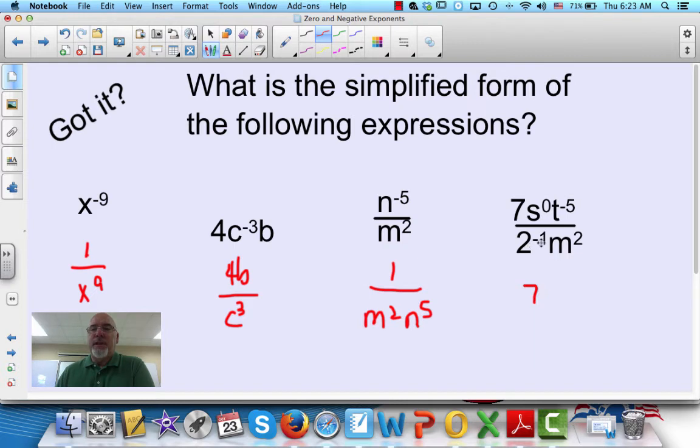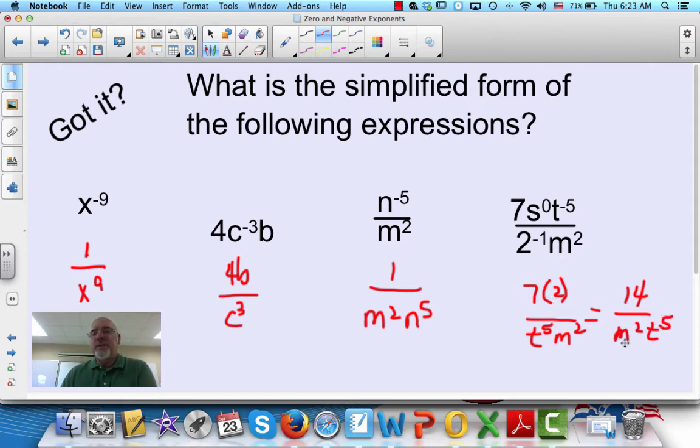The 2 to the negative 1 goes to the top, so it goes up here. Then on the bottom, you're going to have the t to the negative 5 goes to the bottom, and the m to the 2 stays on the bottom. And then to simplify it, it would be 14 over m squared t to the 5th.